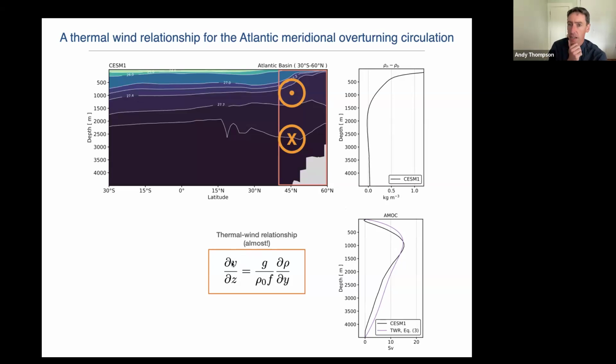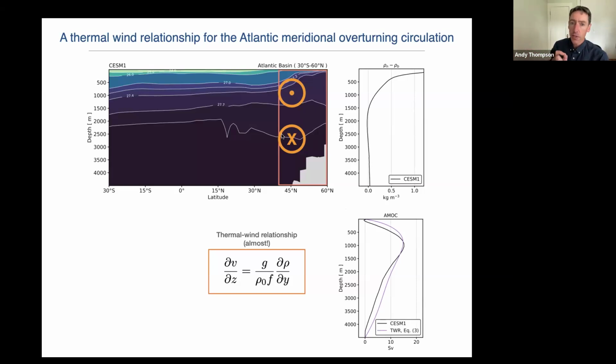This is very much still an area of active research, but the general sense here is because the Atlantic Basin is bounded to the east and west, that this zonal thermal wind transport that I'm showing here with these orange circles does need to be largely in balance with the north-south flow, because as that eastward, upper ocean transport moves towards the eastern boundary, it will turn to the north and sort of form that upper limb of the overturning. Similarly, as waters flow out of the Arctic, they will move both west and southward along these deep western boundary currents.